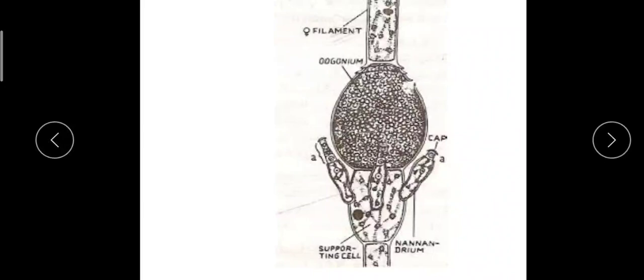They either germinate on the oogonial wall or on the supporting cell below the oogonium, and form a nanandrium or dwarf filament. It has a basal cell and terminal small cells. The terminal cells act as antheridium, and inside them anthrozoid formation occurs. It is liberated out and fuses with the egg.